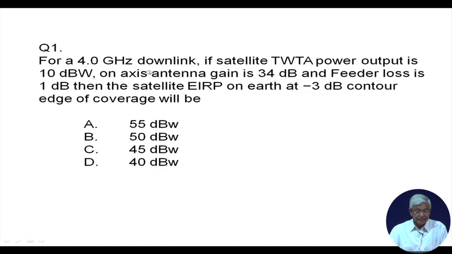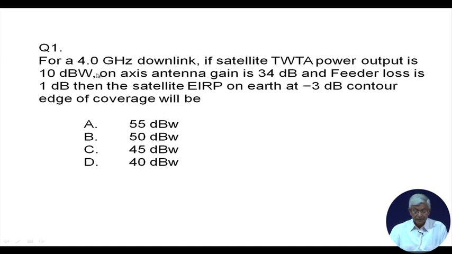On axis antenna gain is 34 dB, and the feeder loss, that is between the power amplifier and the antenna, whatever cable and connectors etc., is assumed to be 1 dB. Then the satellite EIRP on earth at the 3 dB contour edge of coverage will be, there are 4 options given: 55 dBW, 50 dBW, 45 dBW, 40 dBW.